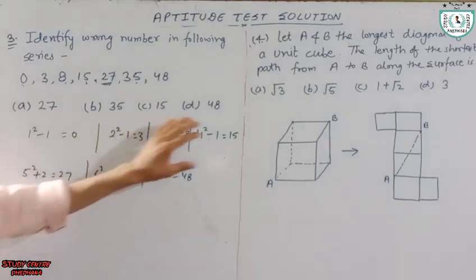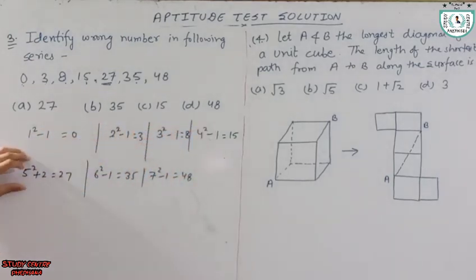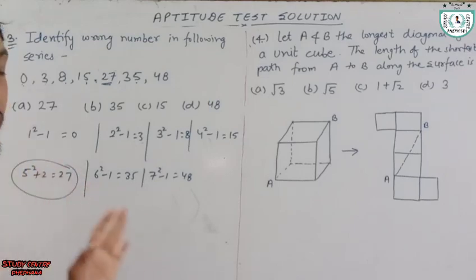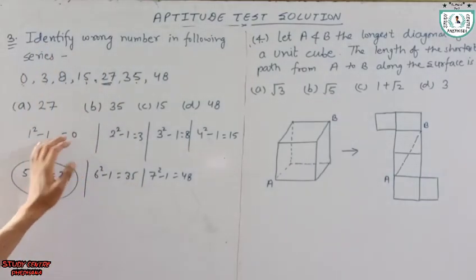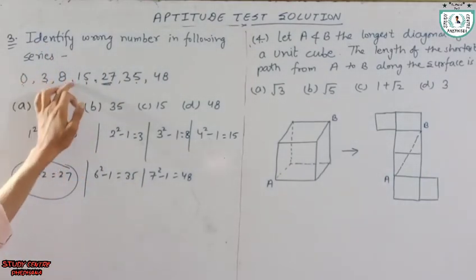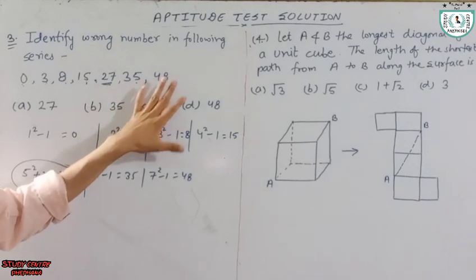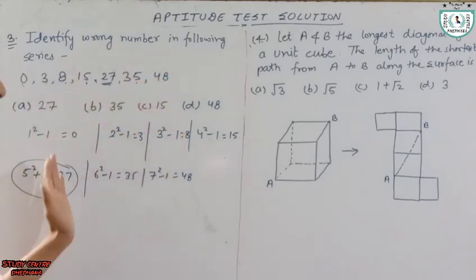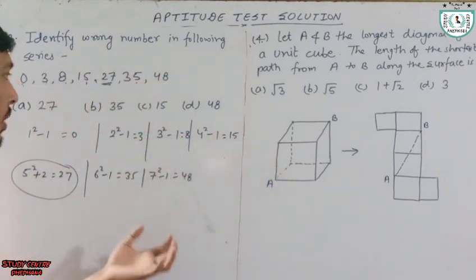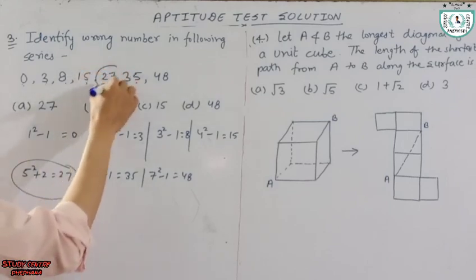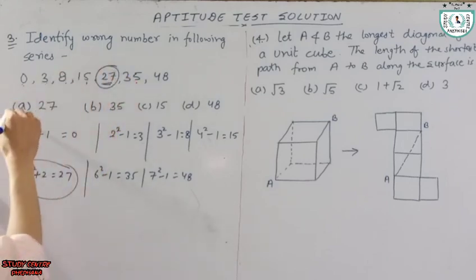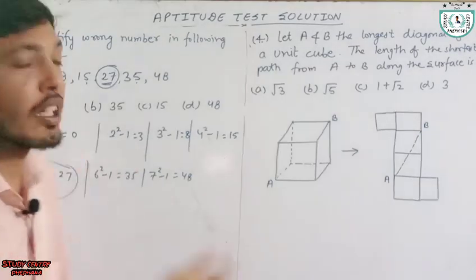After looking at this I can say that 27 is not a part of this series, because every number here, 0, 3, 8, 15, 35 and 48, is a nearest square minus 1, and here 27 is 5 square plus 2. It means 27 is wrong in this series. Hence the answer is option A.